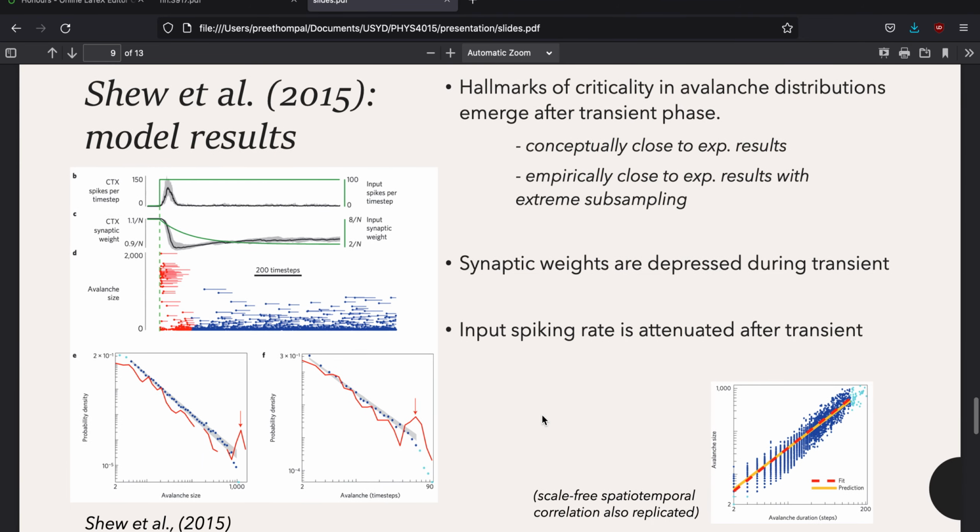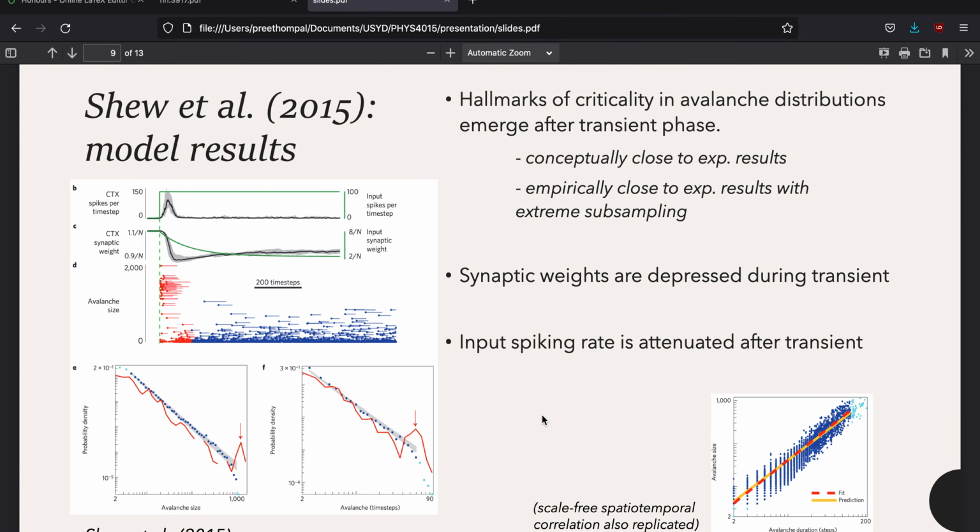Now, let's look at the results from the model. We essentially see the same thing. We see the hallmarks of criticality in these avalanche distributions emerging after an initial transient phase. So in the transient phase, again, we get a bimodal distribution in size and in duration.